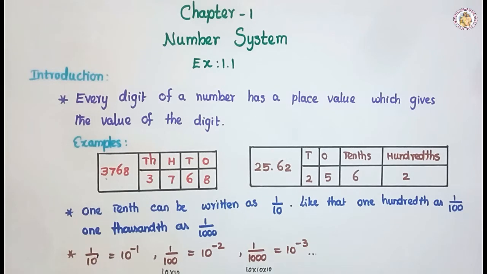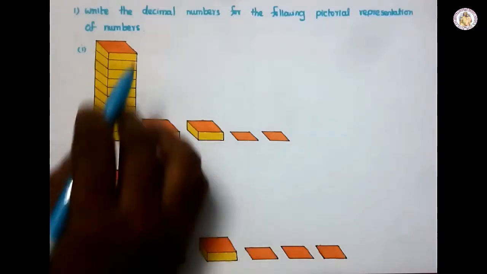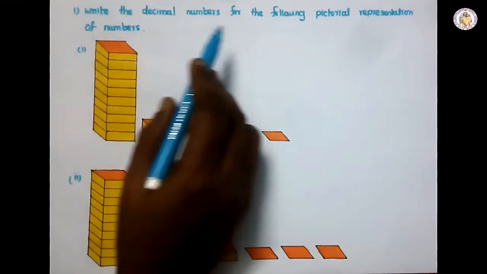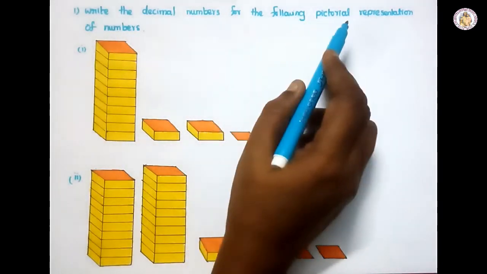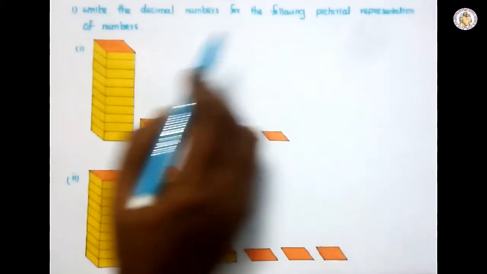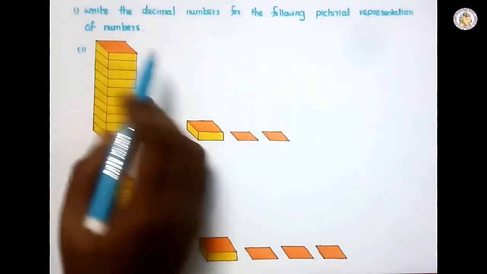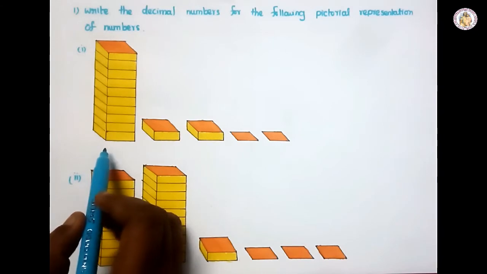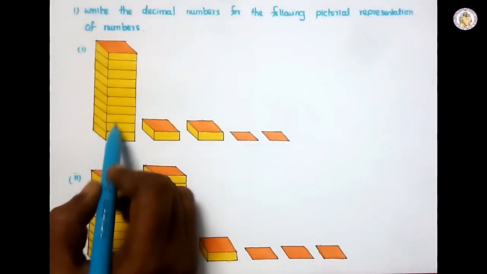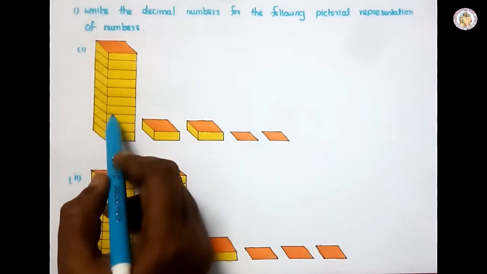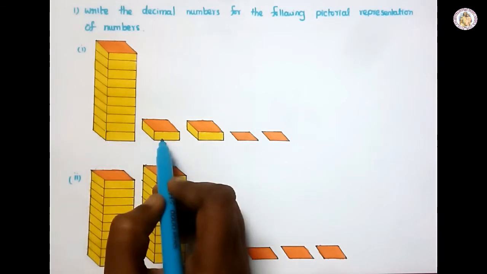Now we are going to solve the exercise 1.1 sums. First one: write the decimal numbers for the following pictorial representations of numbers. Listen here. Here 10 squares are there, and here 1, here 1.